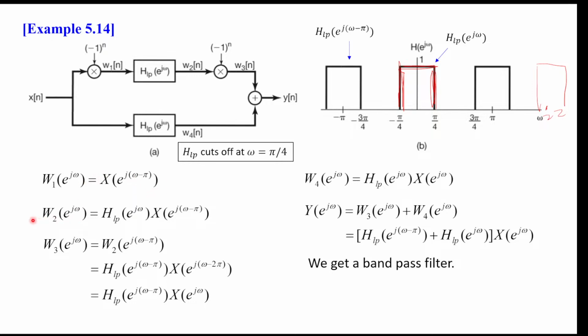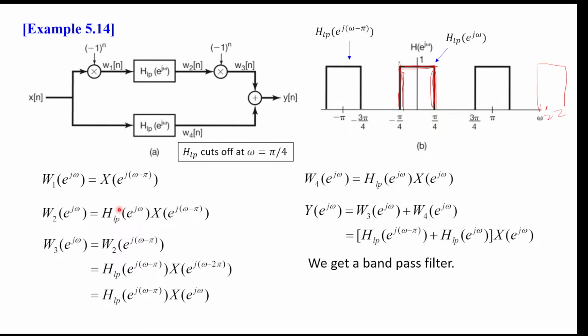And then this big W2 will be applying the low pass filter on your big X shifted by pi, and then W3, where you multiply by (-1)^n again, will be W2 shifted by pi again.